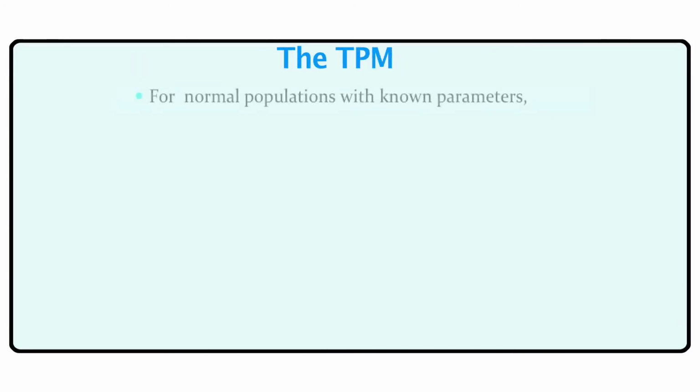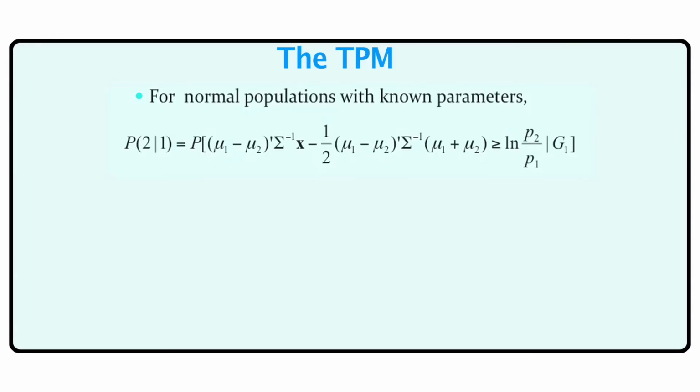Now if you look at the TPM for normal populations with known parameters, P(2|1) is the probability of the discriminant function minus half of the remaining term, which is the constants, being less than log of P2 by P1, given the condition that the individual comes from the first group.